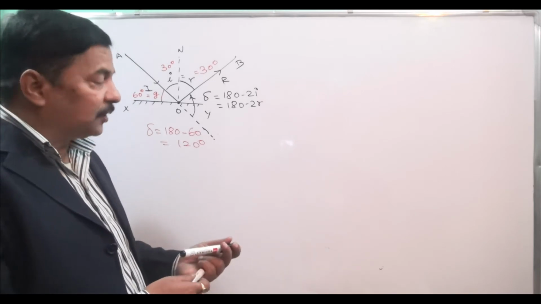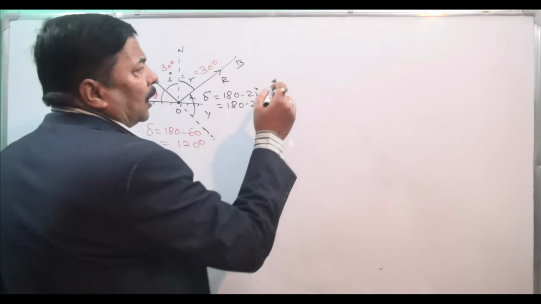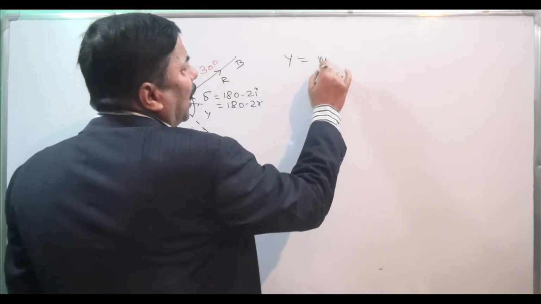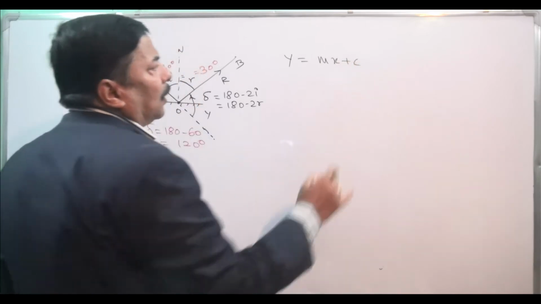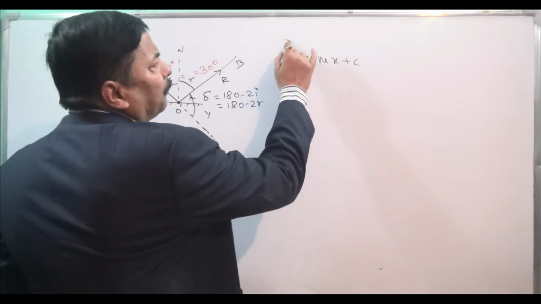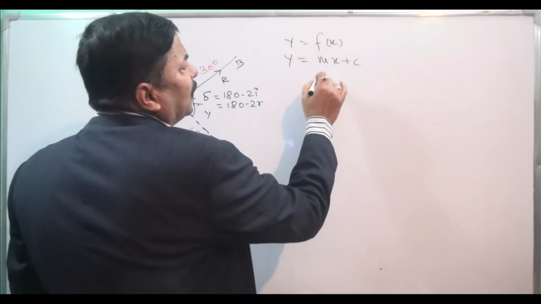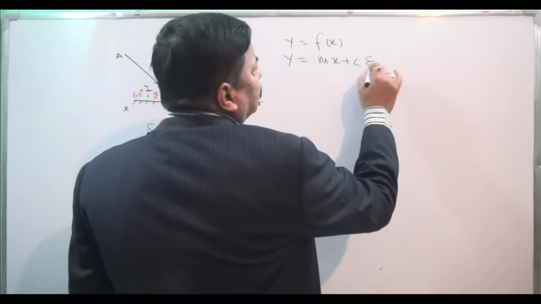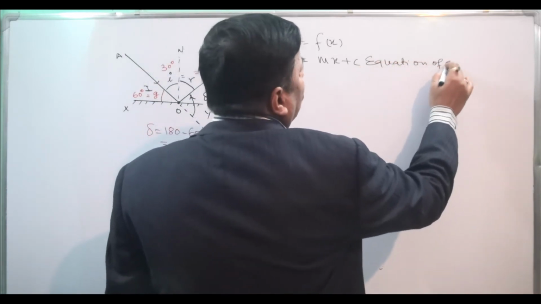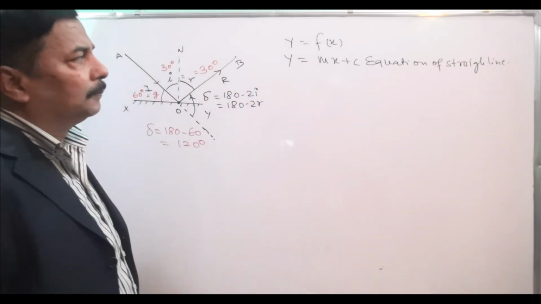Let us try to understand the concept in this way. Suppose I am writing an equation y equals mx plus c. When I write this equation, naturally y is a function of x and it is the equation of a straight line.